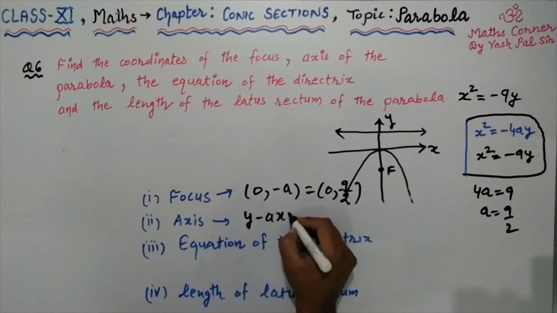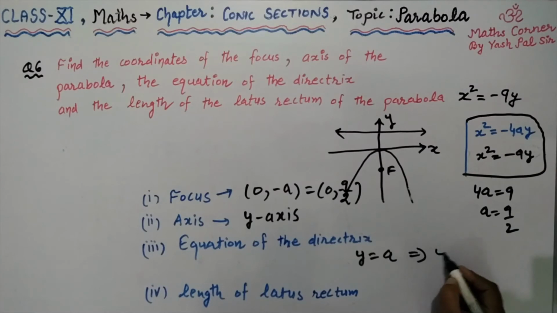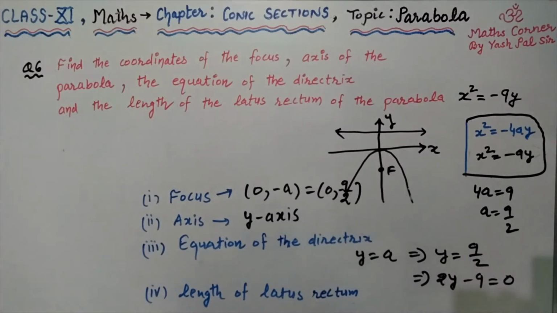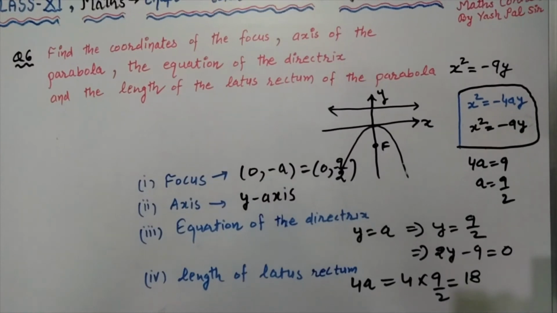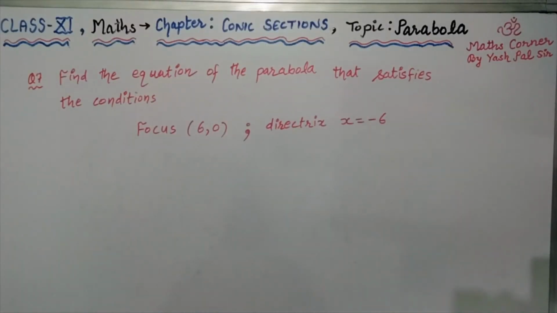Axis: this parabola is symmetrical about y-axis, so we write here y-axis as the axis of this parabola. Equation of the directrix is y is equal to plus a, that is y is equal to 9 upon 2, that is 2y minus 9 equal to 0 as the equation of the directrix. Lastly, the length of latus rectum, which is 4a, equal to 4 into 9 upon 2, which is equal to 9 into 2, 18 units is the length of latus rectum.